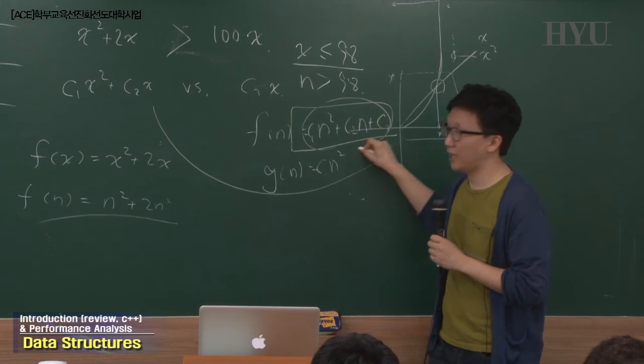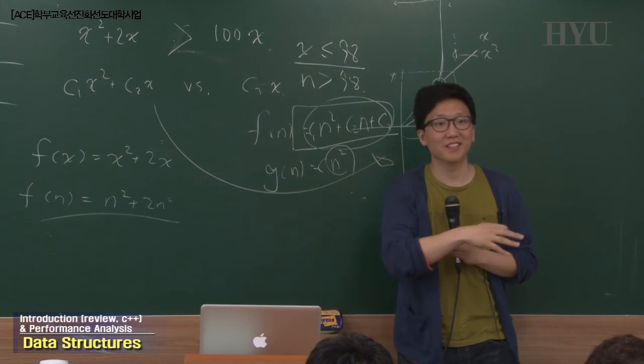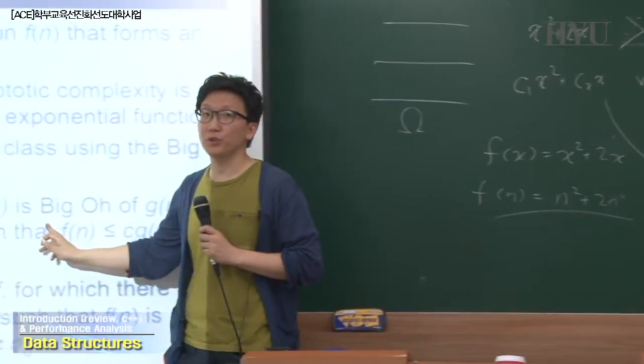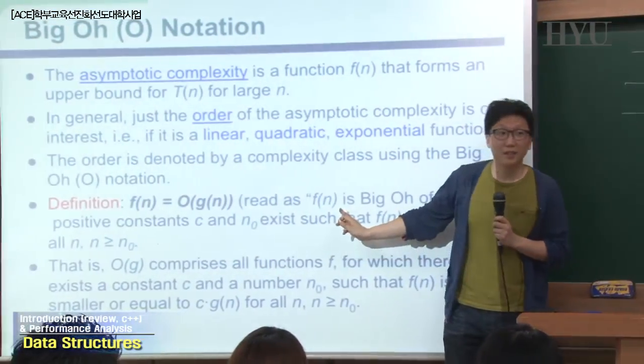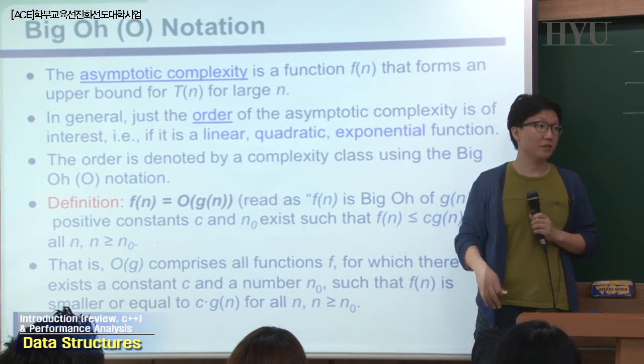Whatever you do, whatever C values you use, big or small, it will actually be bounded within the n squared functions. Any variation of n squared functions.